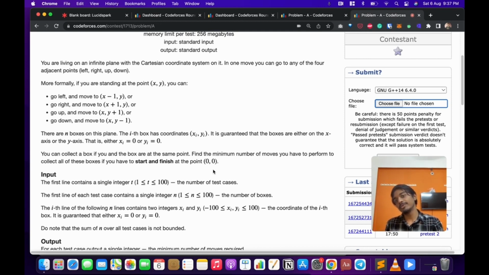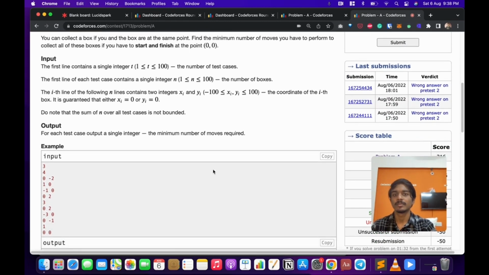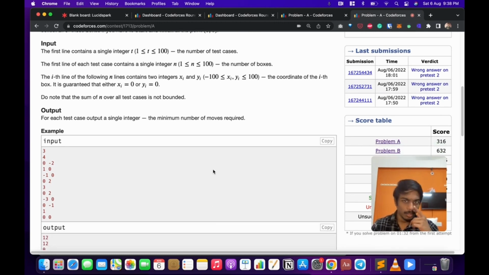You can collect a box if you and the box are at the same point. Find the minimum number of moves you have to perform to collect all these boxes. Yeah.